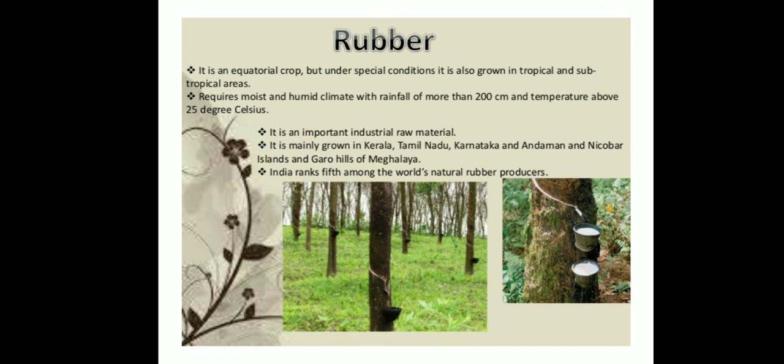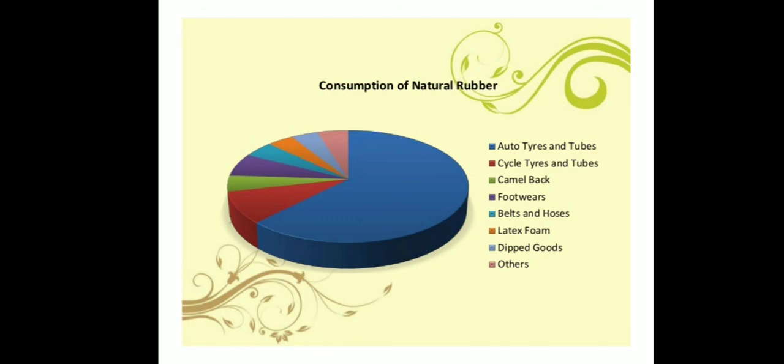It is mainly grown in Kerala, Tamil Nadu, Karnataka, Andaman and Nicobar Islands, and Garo Hills of Meghalaya. India ranks 5th among the world's natural rubber producers. Now, this shows the consumption of natural rubber, how rubber is consumed in different areas.